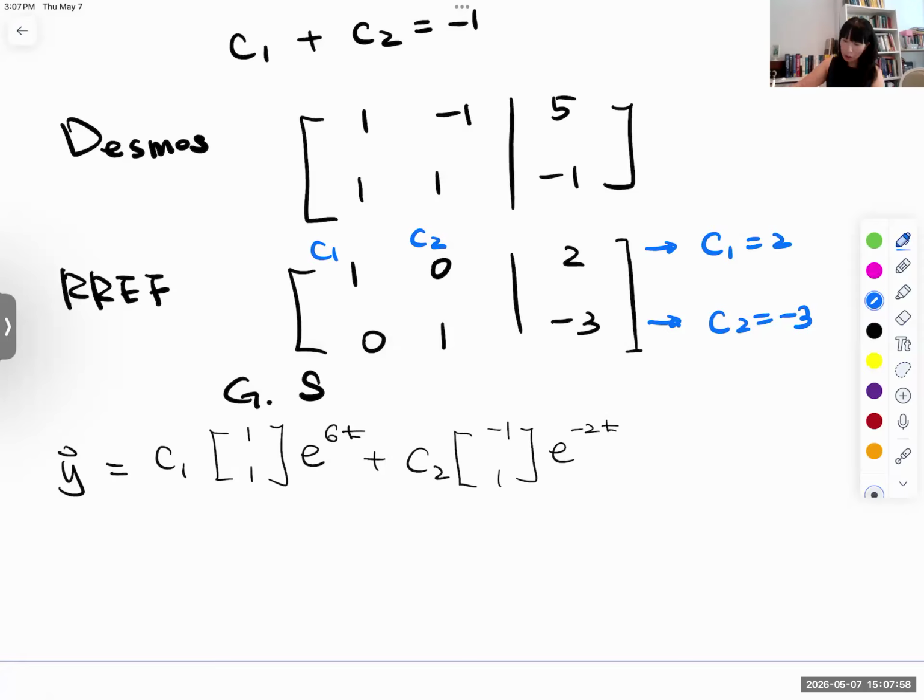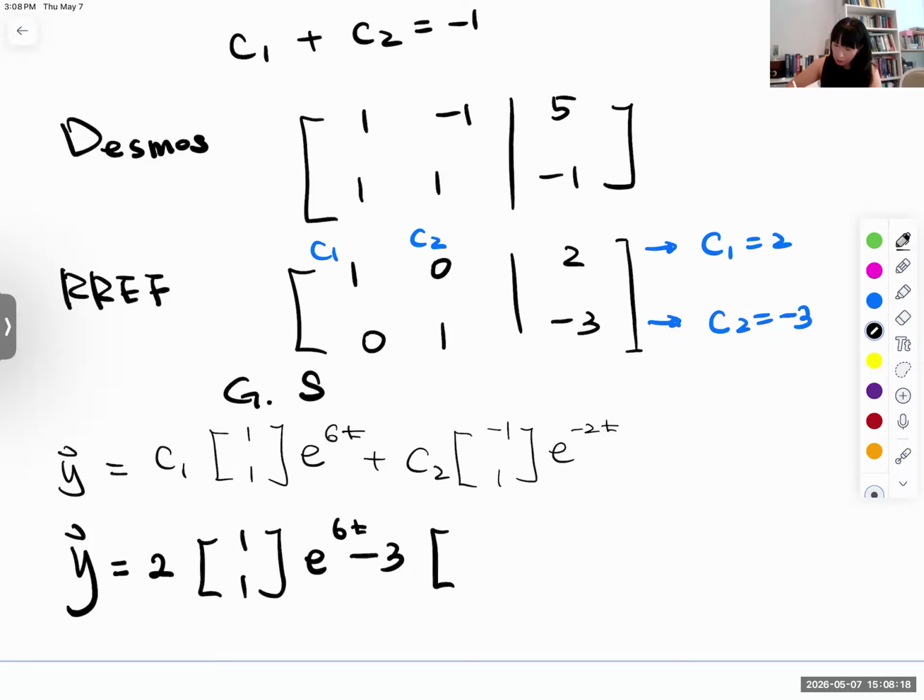Okay, so c sub 1 is 2 times the vector 1, 1 e to the 6t, plus, since c sub 2 is negative 3, we have negative 3 times the vector negative 1, 1 e to the negative 2t. Yeah. Is it clear? All right, so let me see.